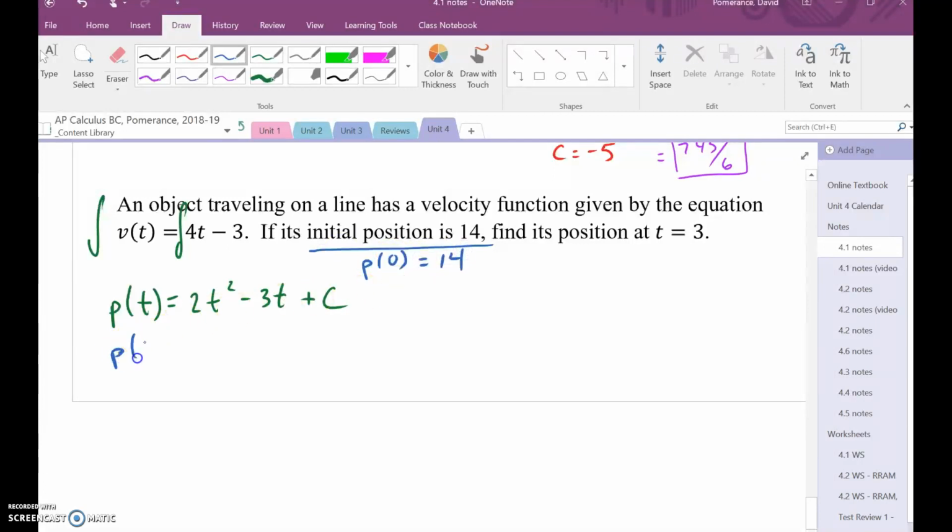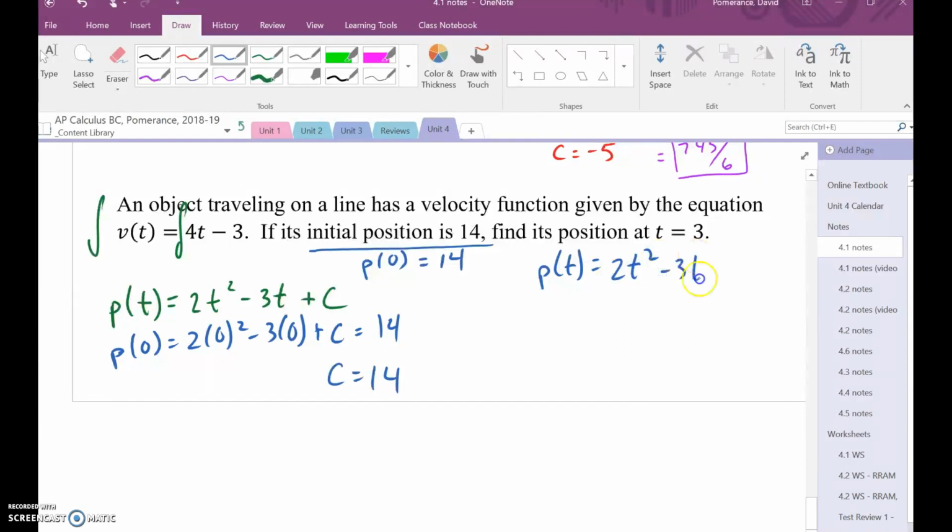So p of 0 equals 2 times 0 squared minus 3 times 0 plus c, which is equal to 14. But since these are all 0, we just have c equals 14. So our position function is now p of t equals 2t squared minus 3t plus our c value of 14.